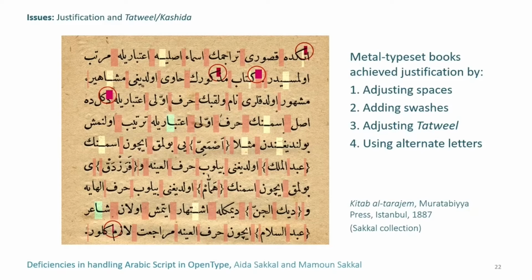This is always a tricky letter in Arabic calligraphy and typography because it extends substantially to the right usually. These are marked in red circles here, and they fit into the text pretty well.